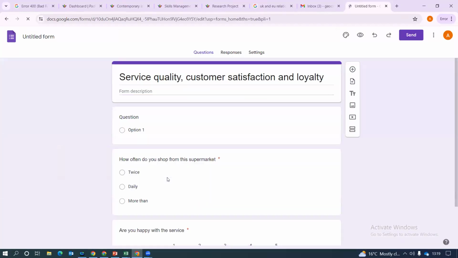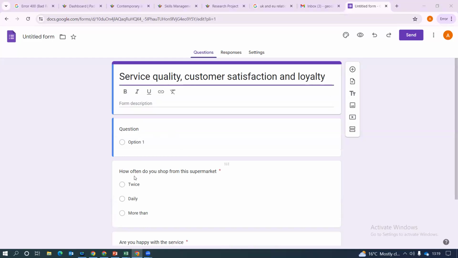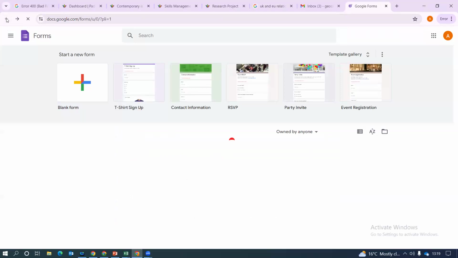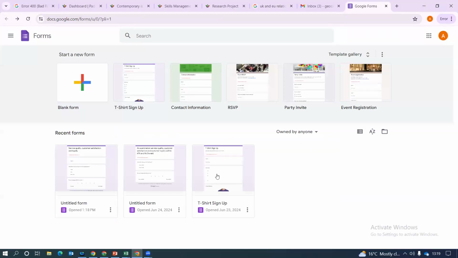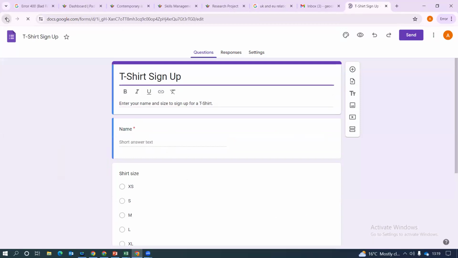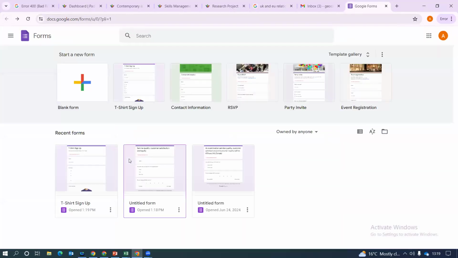We created one in the past, looking at service quality and customer satisfaction, and we asked questions about how often you shop at this supermarket, or you can use a Likert scale, or any other question. Once you create it, you can send these forms, like we did, and we received some responses.